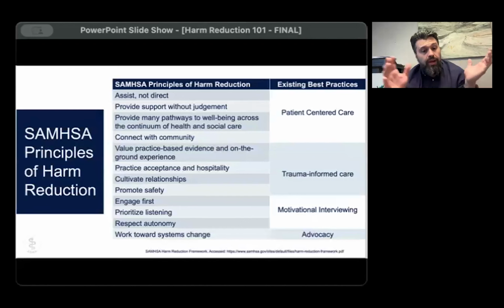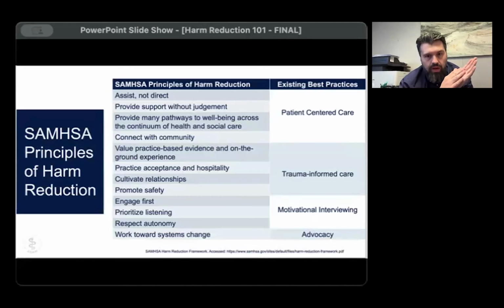So what's great about all these principles from the National Harm Reduction Coalition is that they directly align with SAMHSA's principles of harm reduction as well. And they're aligned with the best practices that many of us use already for SUD treatment. So for example, the concept of providing support without judgment, that's directly related to patient-centered care, right?